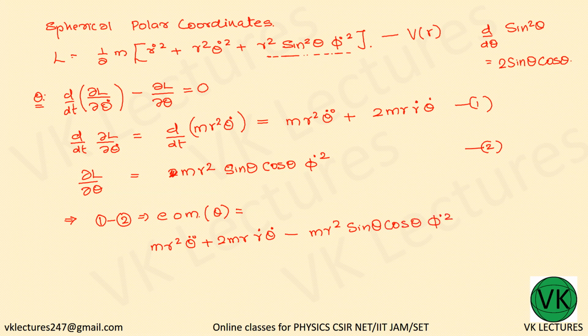Now since potential V is a function of r alone, dou L by dou theta of V of r will be 0, right?